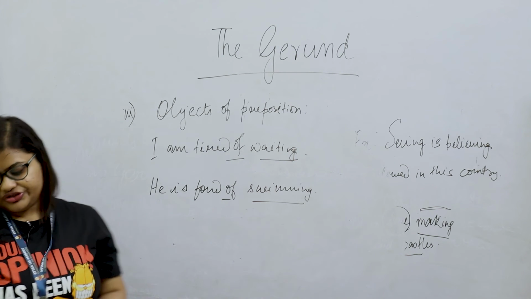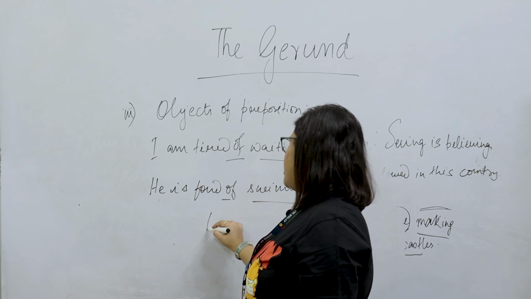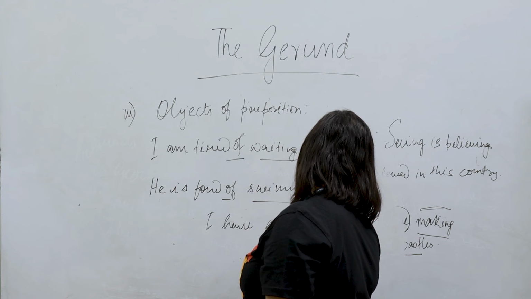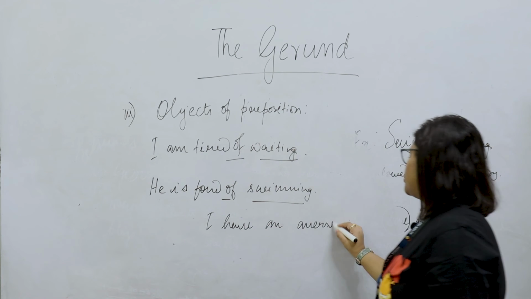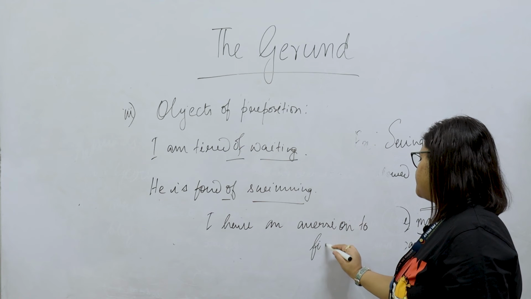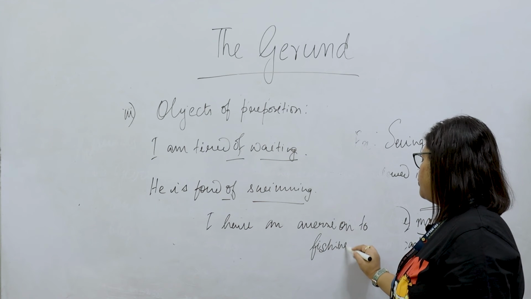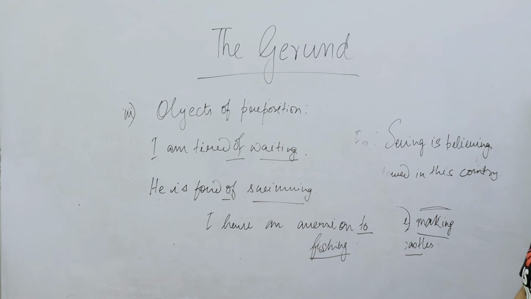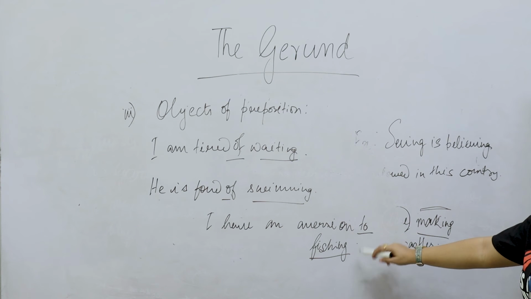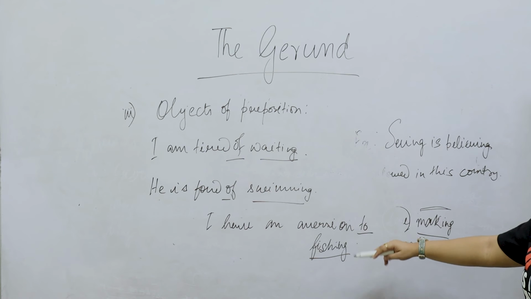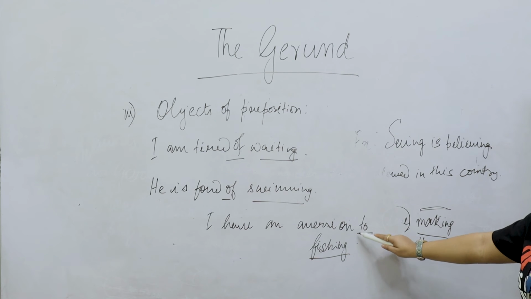We can also say, I have an aversion to fishing. So we are using it after "to." That is, I hate fishing or I do not like fishing. It is being used as an object of preposition, and as we suggested, the preposition always precedes the gerund.